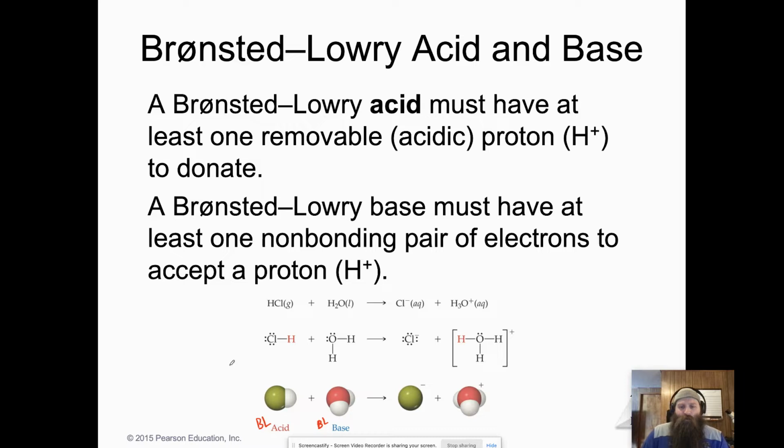Now, in this case, this is also acting as an Arrhenius acid because it is producing a hydrogen ion increase in solution. We'll get more into this in a minute, but something to keep in mind, we use these two things pretty much interchangeably when we are discussing acid behavior.